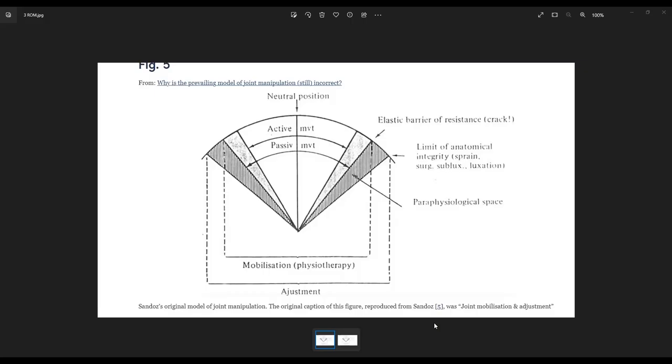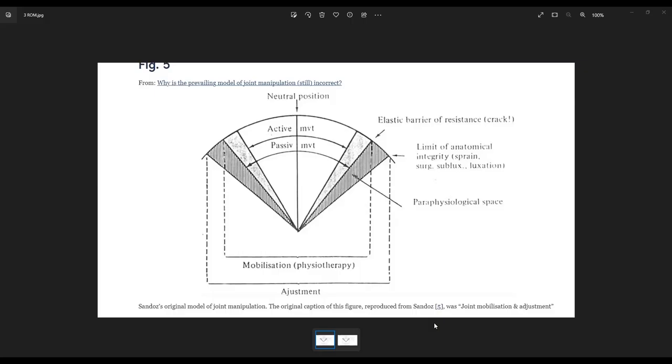So energy comes in, a car accident, and the first motion that it goes into is active range of motion. So if there's resistance in active range of motion, it'll help dissipate and absorb that energy, which decreases the potential injury of that energy. And then if there's more energy that takes the joint past anatomical range, or active range of motion, then it'll take it into overpressure range of motion.